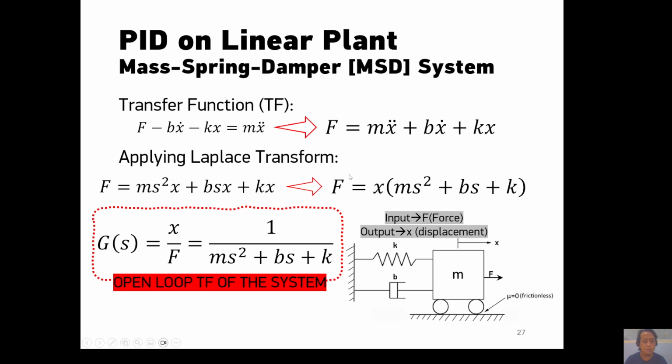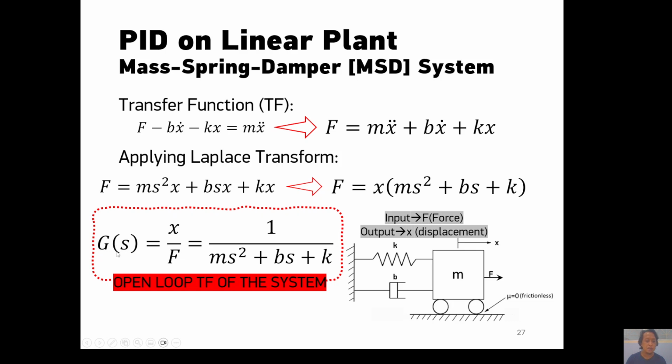By applying the Laplace transform to this equation, we get ms squared X plus bsX plus kX. If we put X together, we get this equation, and from it we can get the open loop transfer function of the system.